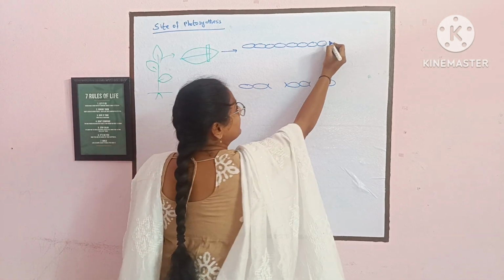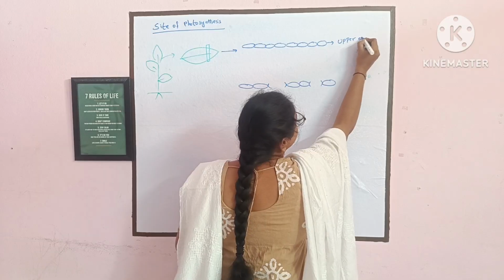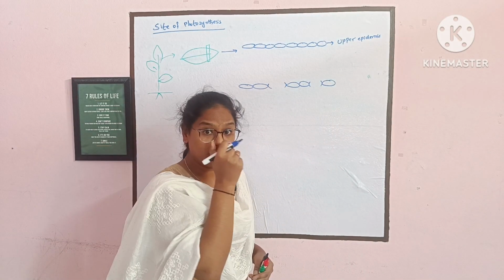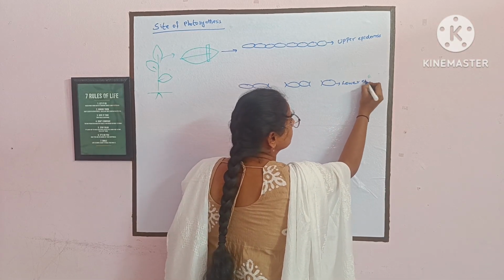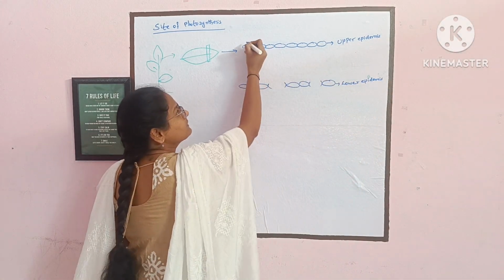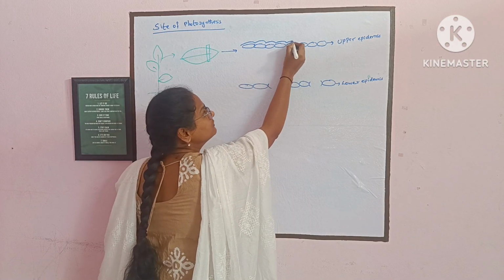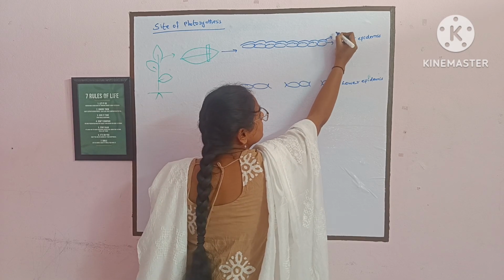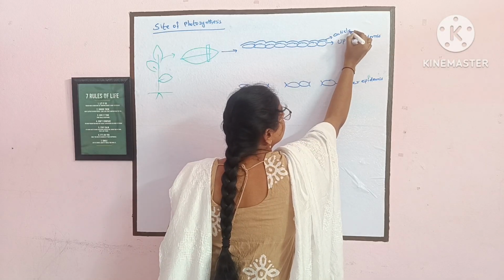So this is the upper epidermis, and this one is the lower epidermis. Now the upper epidermis is covered by a protective layer known as cuticle. What is the role of cuticle? It protects the plant.